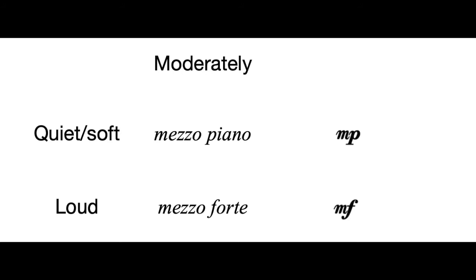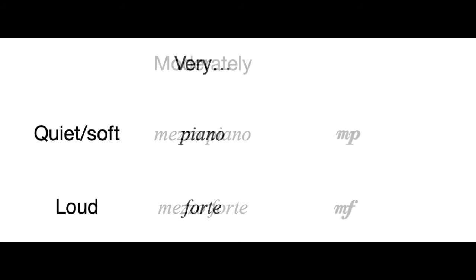Learn how to spell these words. Remember that mezzo has the same ts sound that you get in pizza. That might help you remember the double Z. And a very useful trick in Italian, to make any adjective very, take off the last vowel and add issimo, I-S-S-I-M-O.